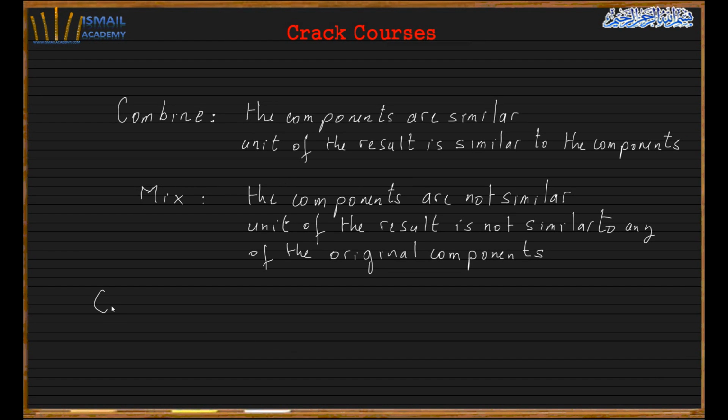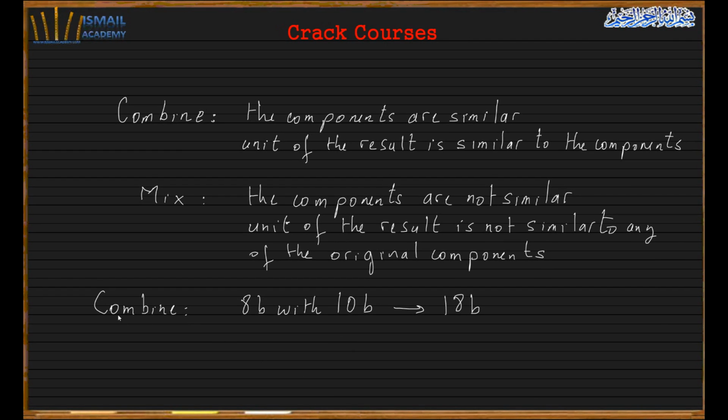With combine, the amount of each component increases. If you remember, we combined 8 banana with 10 banana, and we got 18 banana. The amount is bigger than the amount of each component. With mix, the amount of each component stays the same.